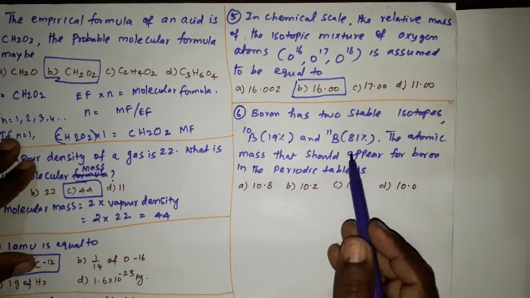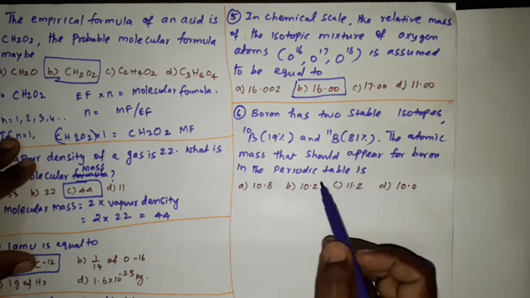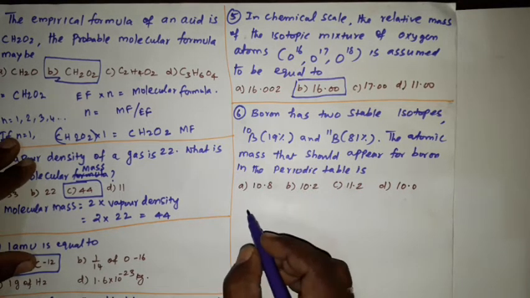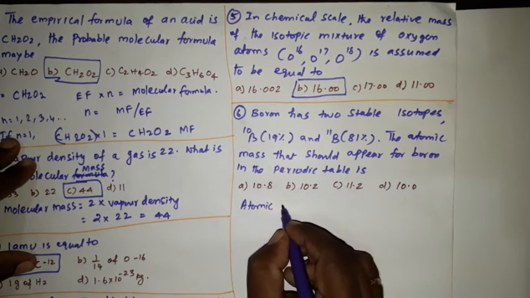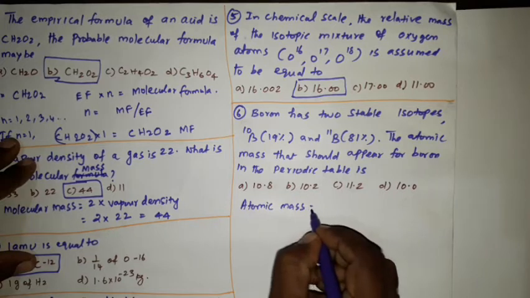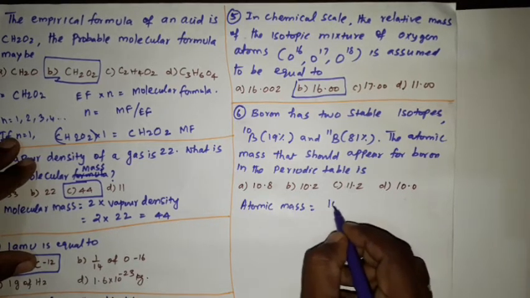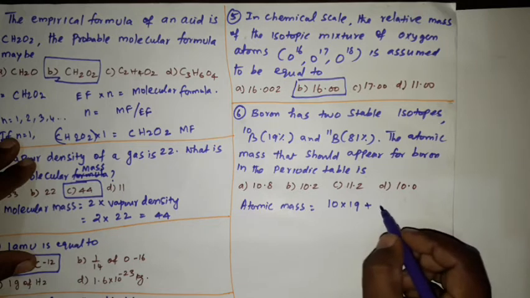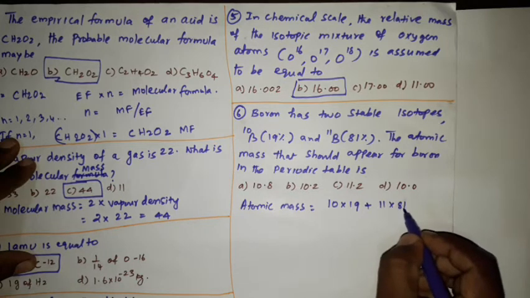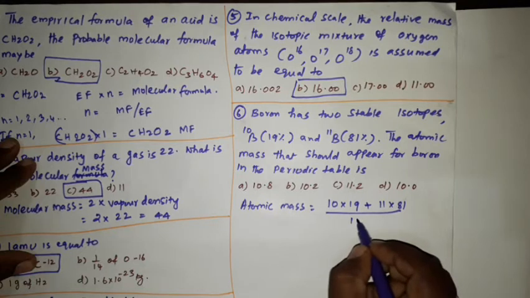So you have to take the average. Okay. So atomic mass equals mass 10 into 19% plus mass 11 into 81%, over 100.